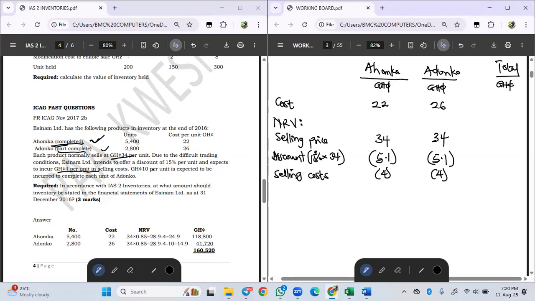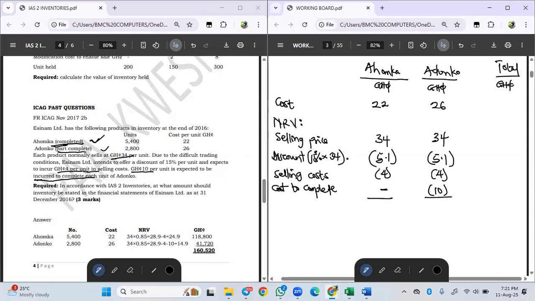Then let's look at the 10 cedis. 10 cedis per unit is expected to be incurred to complete each unit of Adonko, the partly completed product. You have to incur 10 cedis per unit before they convert it to finished goods. So that one too is cost to complete. Ahunka is a completed product, so you don't need it. 10 cedis is for just Adonko.